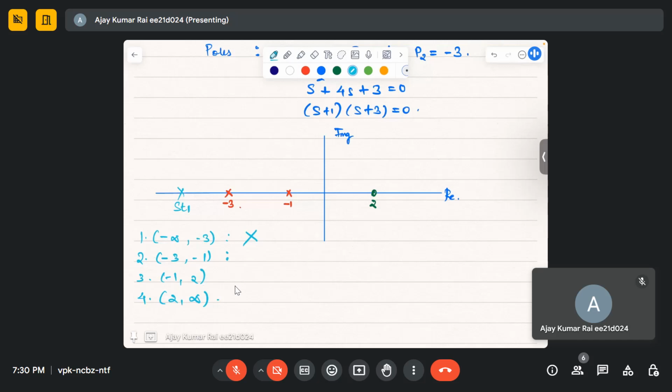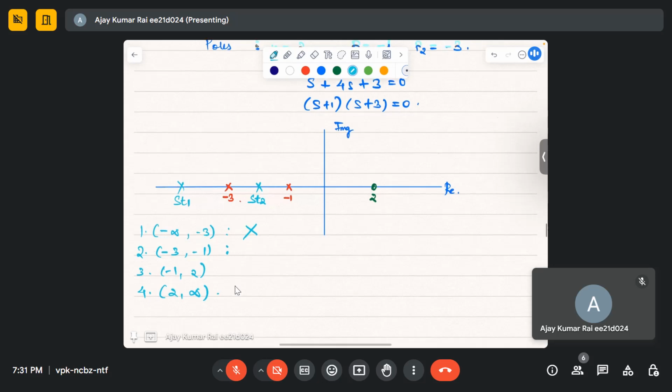Okay, so from -3 to -1, let's take one test point. What you can see is 2 open loop poles and zeros, that is even. So the root locus will exist. And if you see the third, let me consider this ST3. Only one open loop pole or zero exists on the right hand side, so this is an odd number, and that means the root locus will not exist.